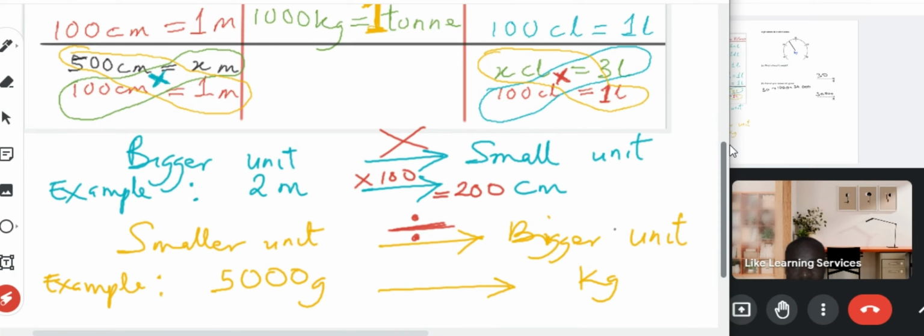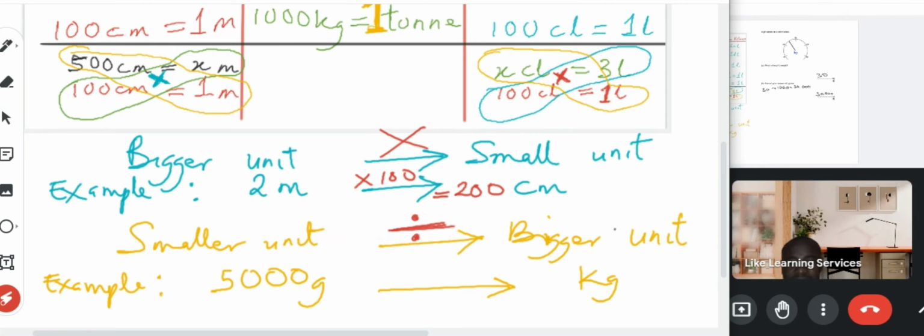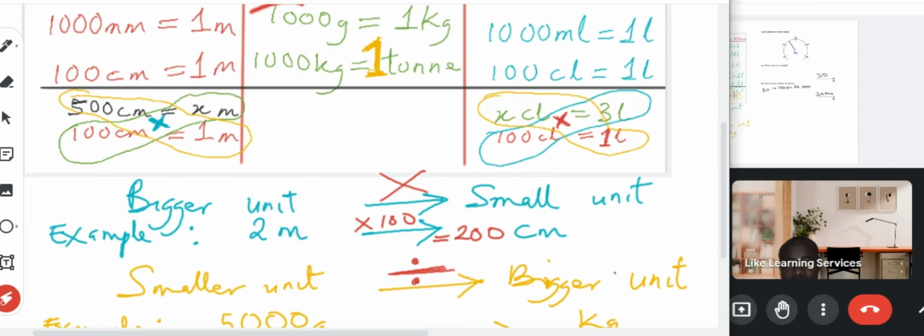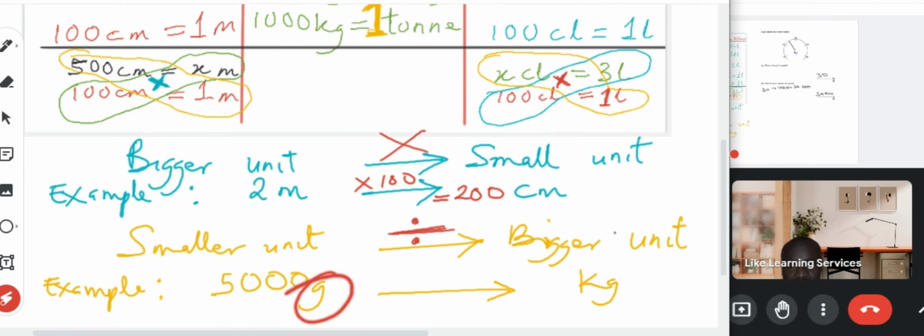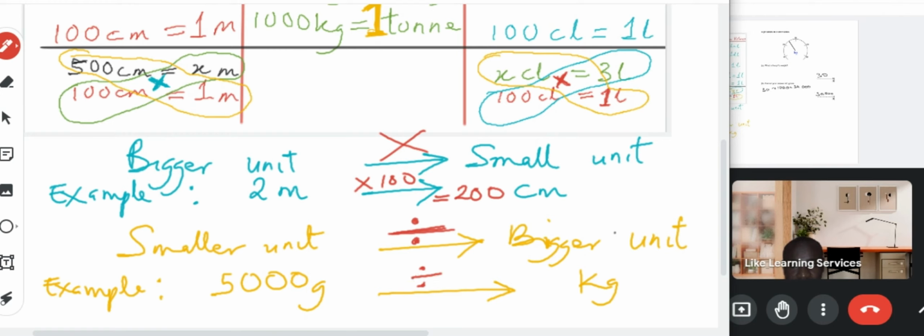So we're going to divide because it's a smaller unit to a bigger unit. Gram is smaller than kilogram. So from smaller to bigger, you divide by the rate, and the rate is 1,000 grams make 1 kilogram. So since we are moving from grams to kilograms, we divide by 1,000. And when you divide by 1,000, what does that give you? 5 kg.